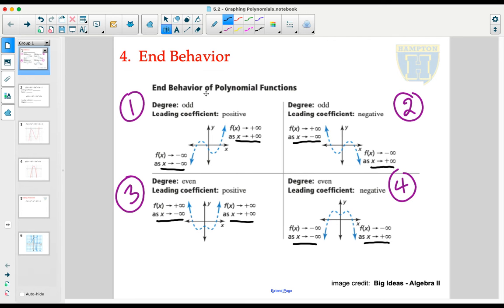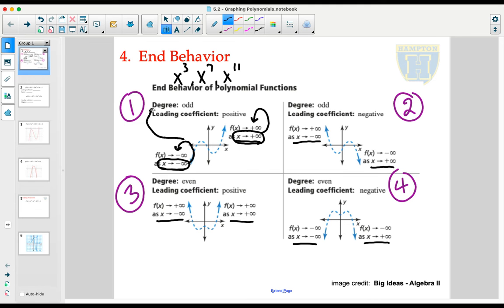You could imagine that if your degree is odd, something like x to the third, x to the seventh, x to the 11th, if you input a very large positive number, you're going to get out a very large positive number. And if you input a very large, in absolute value, negative number, you're going to get out a very large, in absolute value, negative number.